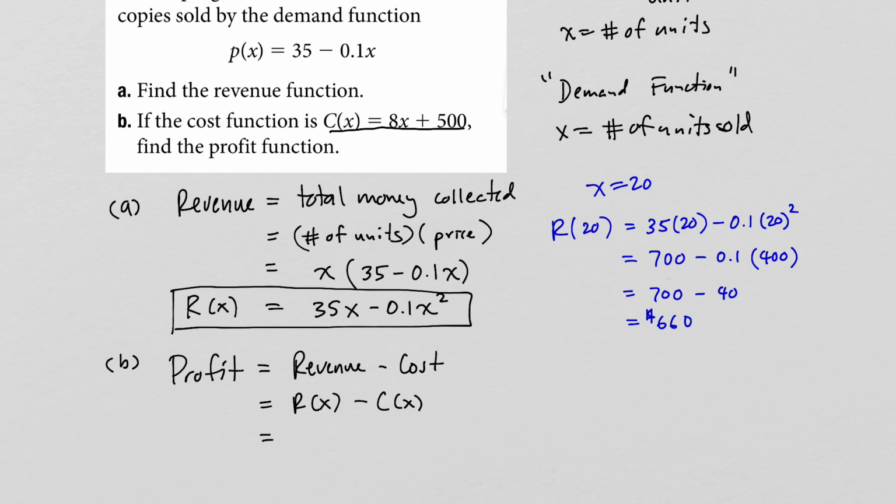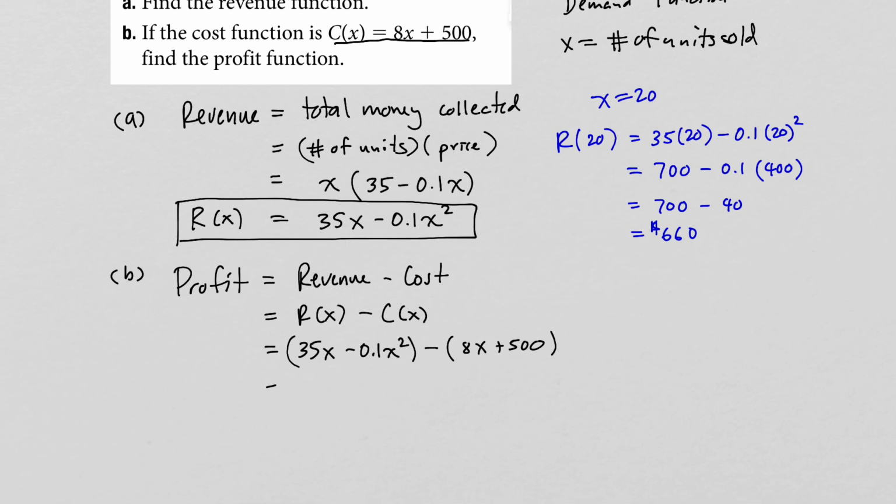Well, R of x we now know is 35x minus 0.1 times x squared. And we're going to subtract C of x, which is 8x plus 500. So if we do the math here, we have 35x minus 0.1 x squared minus 8x minus 500. So don't forget, you have to distribute the negative here.